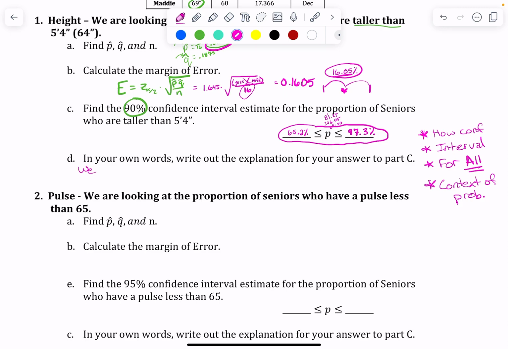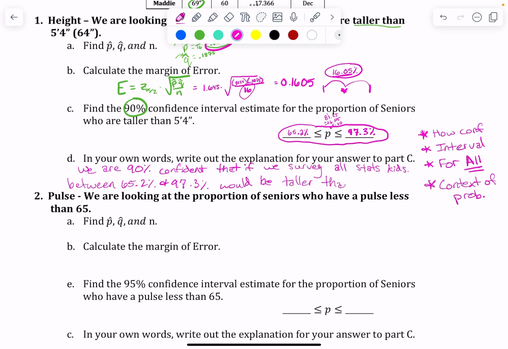So I would say, how confident are we? We are 90% confident that if we survey, let's say our population is all stats kids, between 65.2% and 97.3% would be taller than 64 inches, or you can say 5'4".